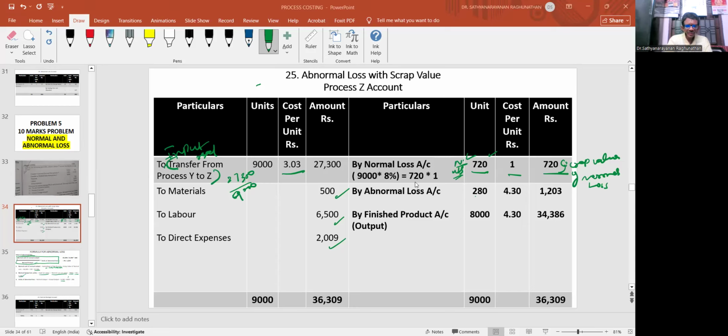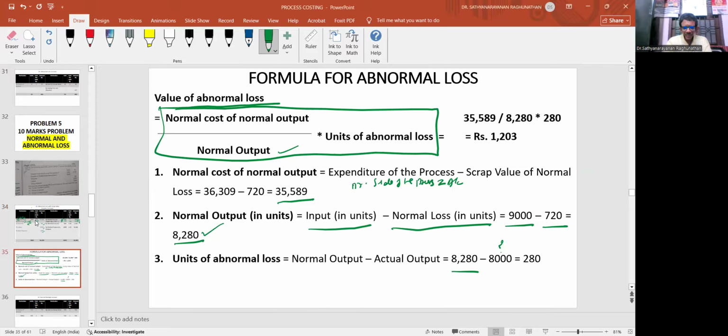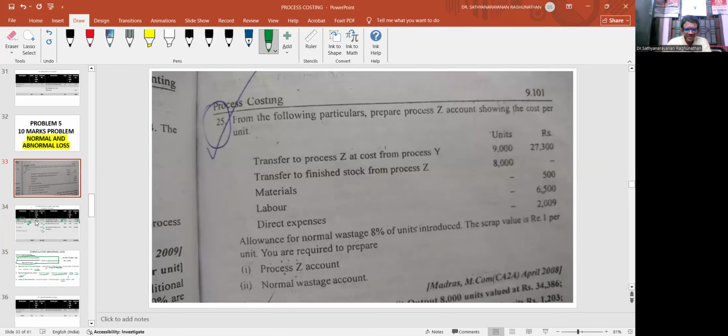All of you listen. For abnormal loss units, normal output minus actual output. Here we have already calculated the normal output, 8,280. Actual output: transfer to finished stock from the process is 8,000.